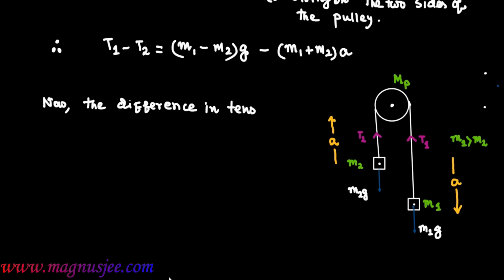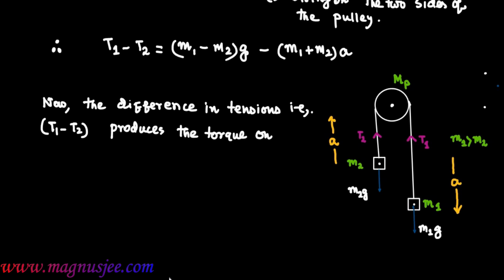Now the difference in tensions, that is T1 minus T2, produces the torque tau on the heavy pulley, due to which the pulley rotates.